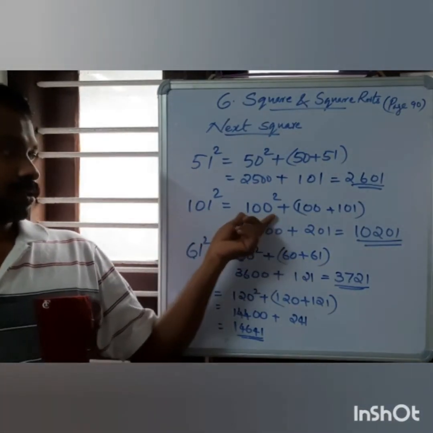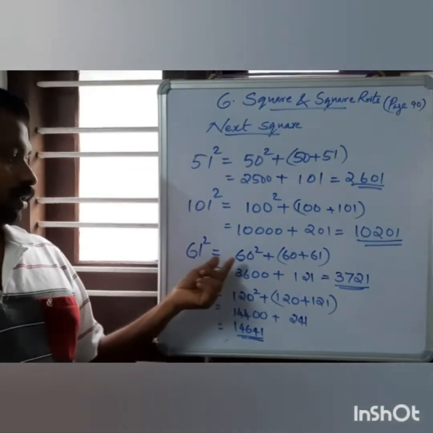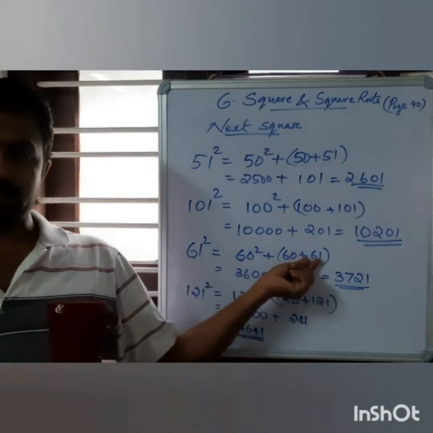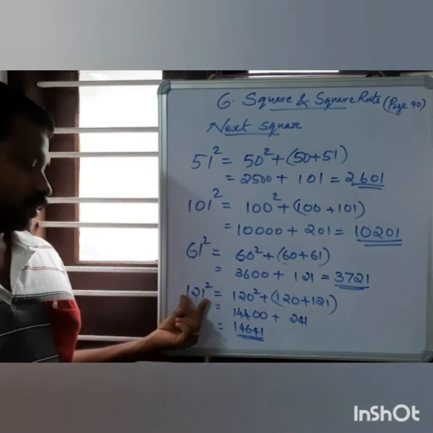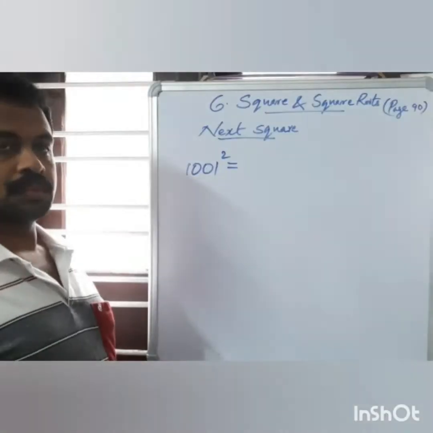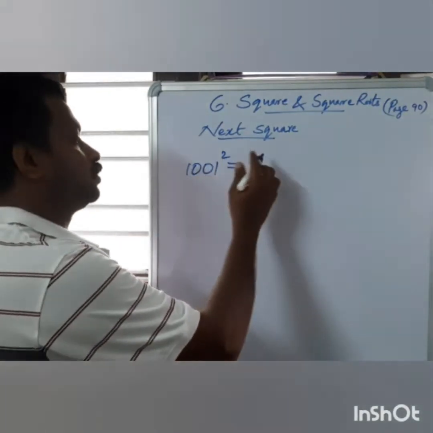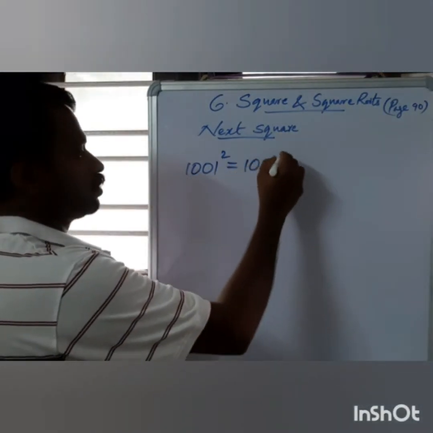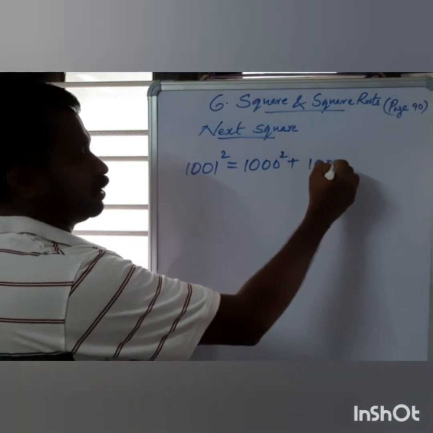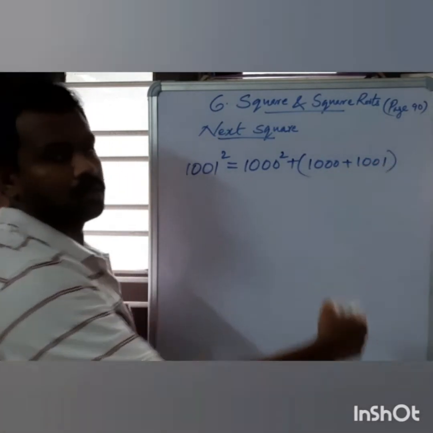101 square is 100 square plus 100 plus 101. 61 square is 60 square plus 60 plus 61. 121 square is 120 square plus 120 plus 121. How will you find out the square of 1001? So it is 1000 square plus 1000 plus 1001.